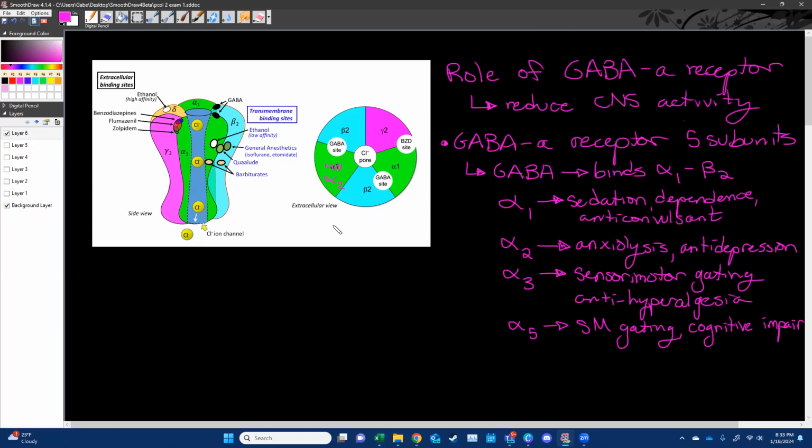Now, not every drug binds to just one receptor. Some drugs are going to bind alpha 1, alpha 2, and alpha 5. Some are doing 2, 3, and 5. Some are just doing 1 and 3. It changes depending, and it changes within a class as well. Some benzodiazepines are better binding at certain ones, some at other ones.